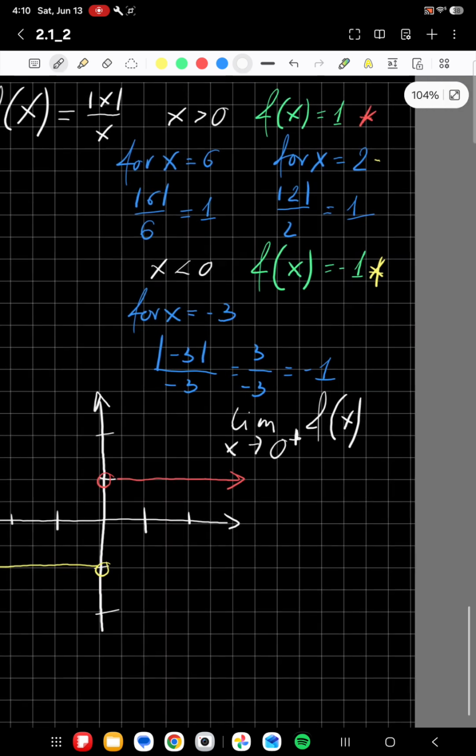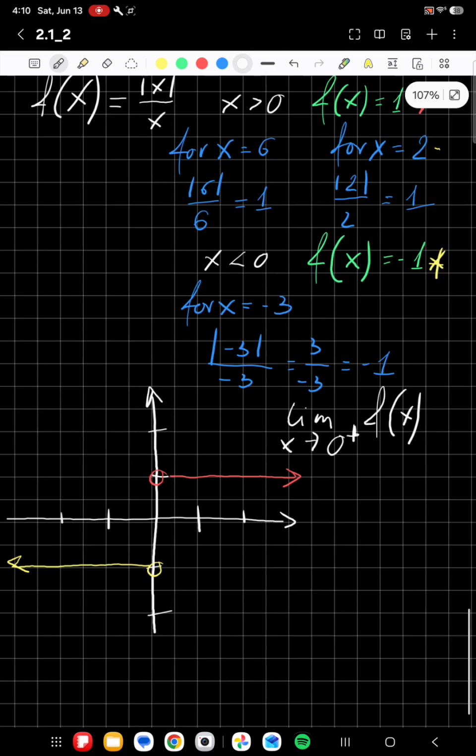Okay, so the way it would read is limit with x approaching 0 from the right of that particular function, square root of, not square root of, absolute value of x over x. When I'm approaching 0 from the right, you guys see that the limit is 1.